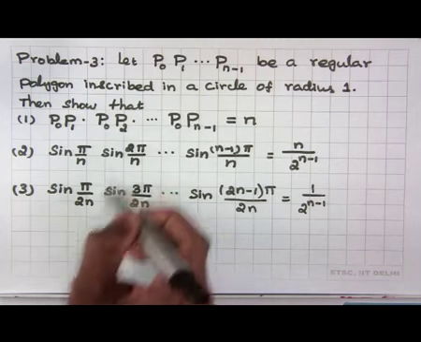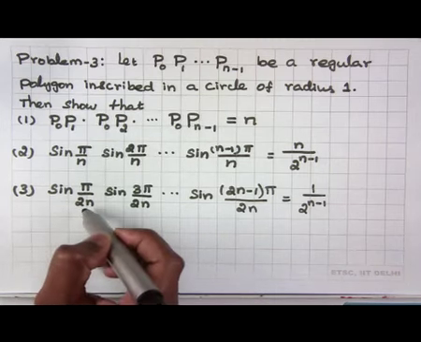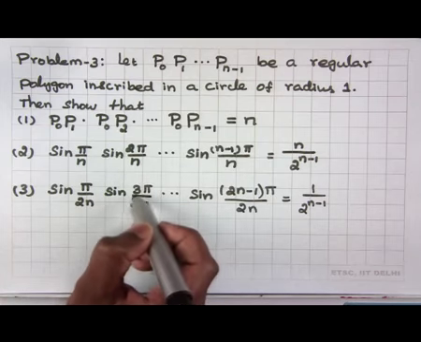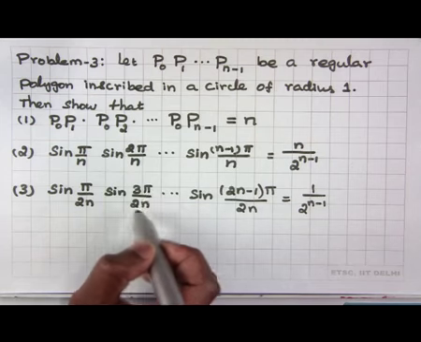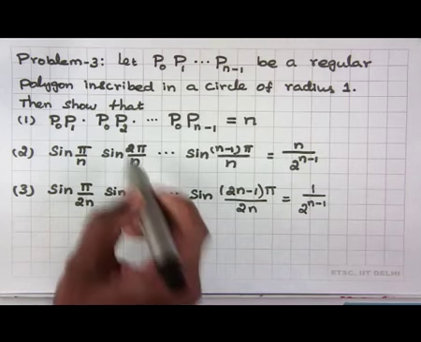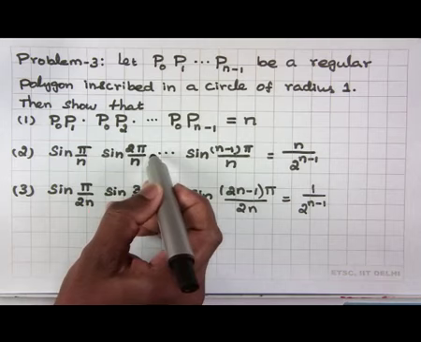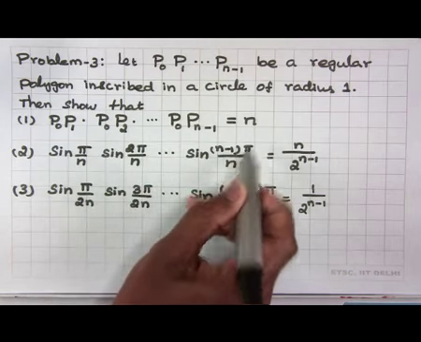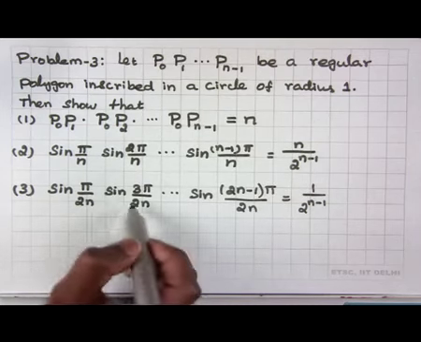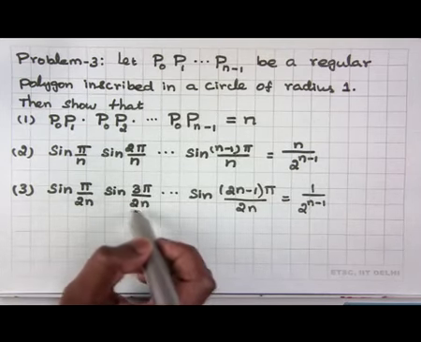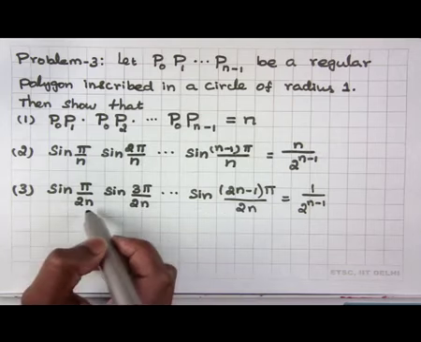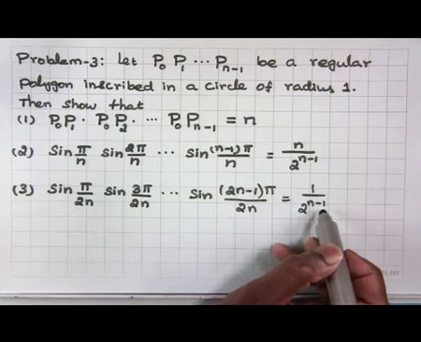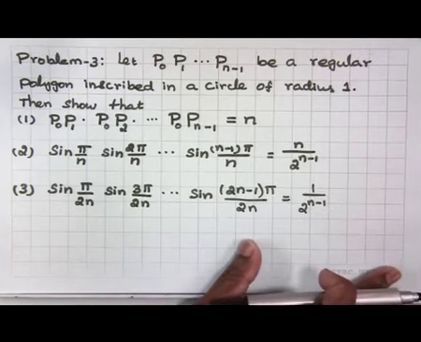The difference here is that we have odd multiples of pi divided by 2n, instead of consecutive terms pi, 2 pi till (n minus 1) pi by n. Their product gives us 1 by 2 power n minus 1, which is a very interesting identity. Let us prove this result.